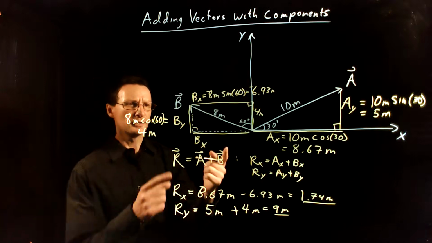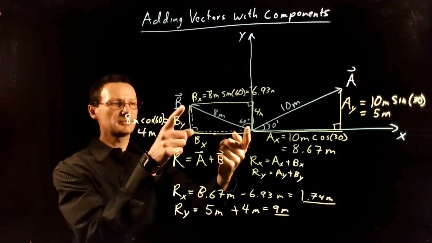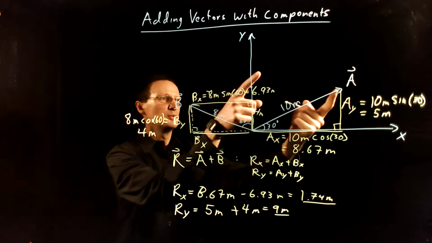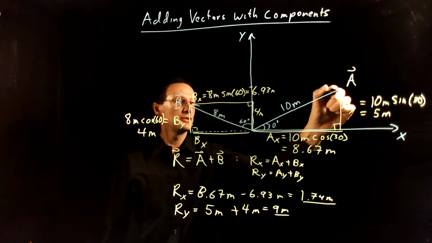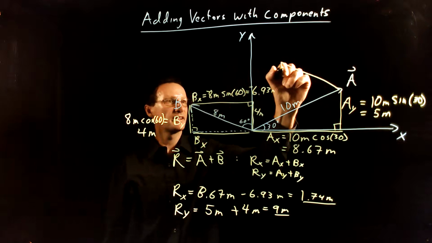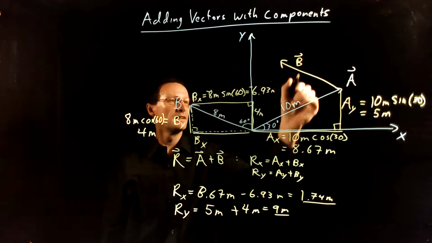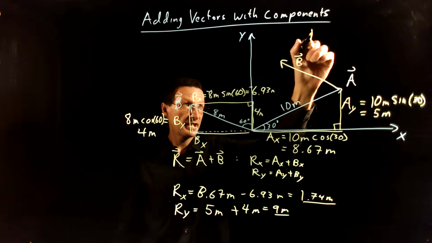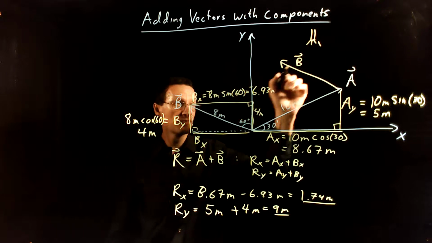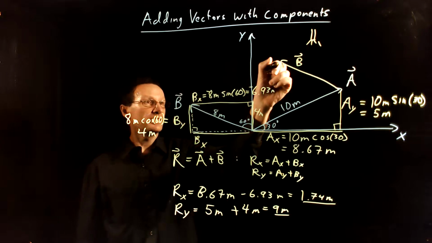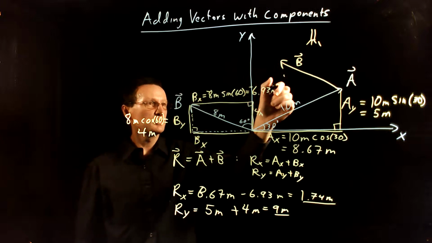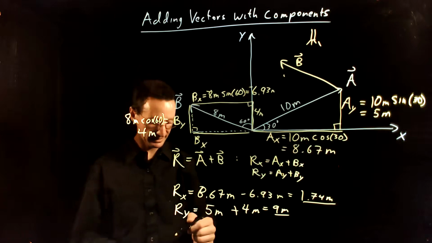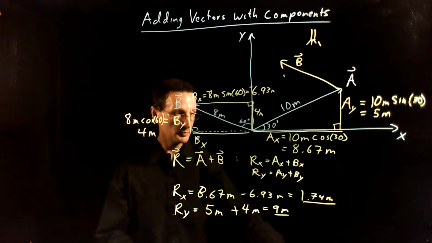Another quick note here, to connect this with the tip-to-tail method, you could take this B and move it over here, and so you could write B like this. And remember, if we were to shine a flashlight down here, then the resultant would cast a shadow along this axis that we would want to be sensible.